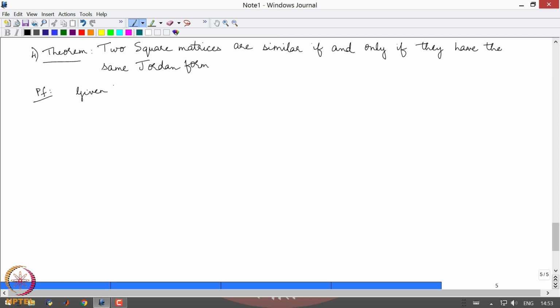First I will write down some notation and then go to the proof. So, let A and B be n by n square matrices and let J1 and J2 be their Jordan forms.